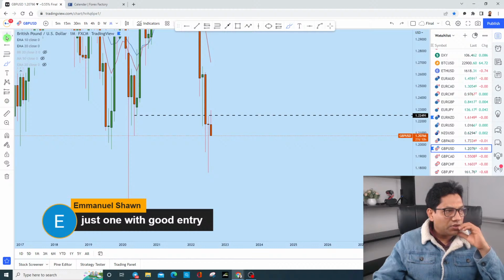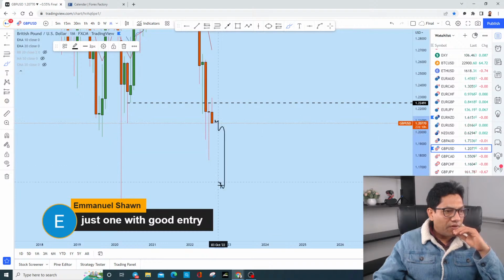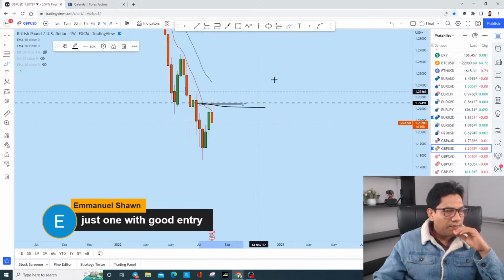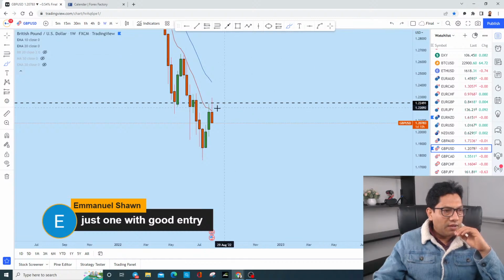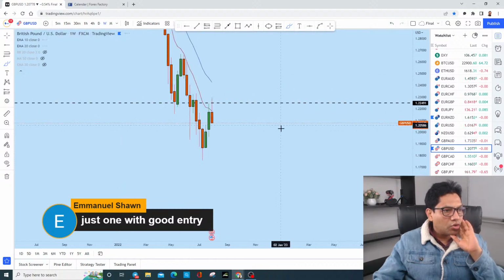This is what I mentioned in my analysis today, and I think British pound US dollar might come down further. If you look at the weekly, the price crossed the weekly high and then retreated back. So there is now a probability for British pound US dollar to drop a lot.